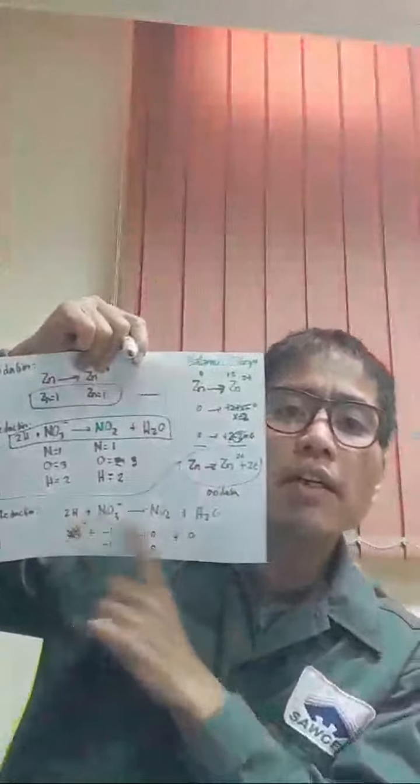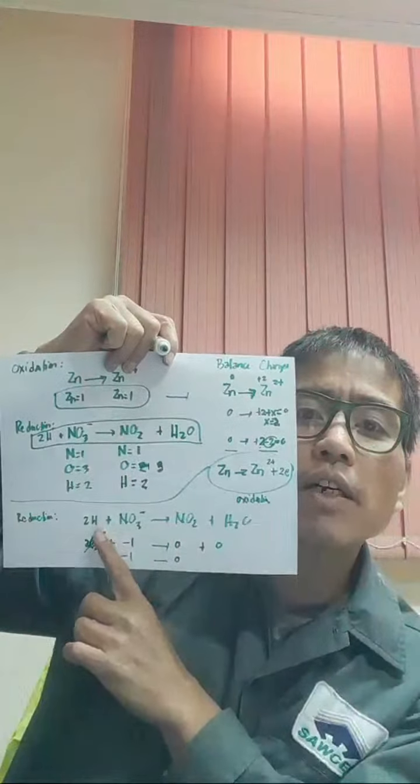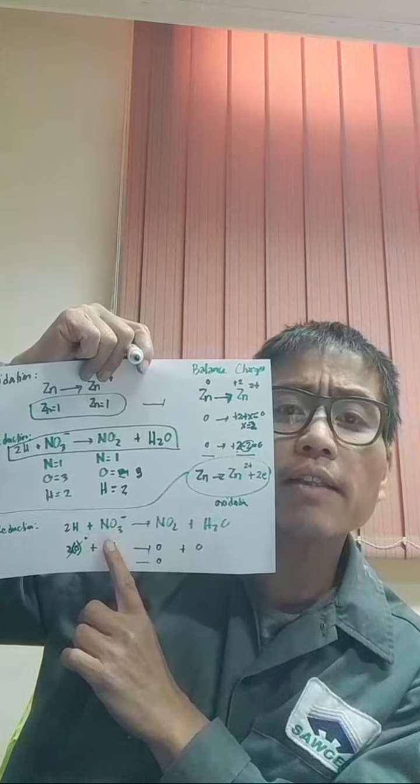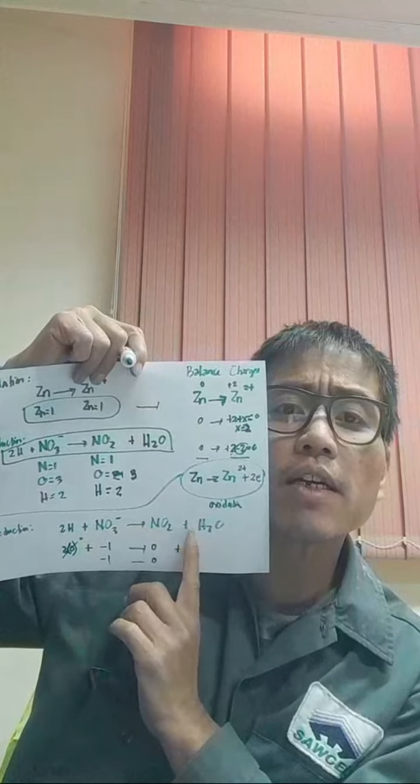Okay, this is how to balance the charges. This is for the reduction. 2H plus nitrate is equal to nitrite plus H2O.